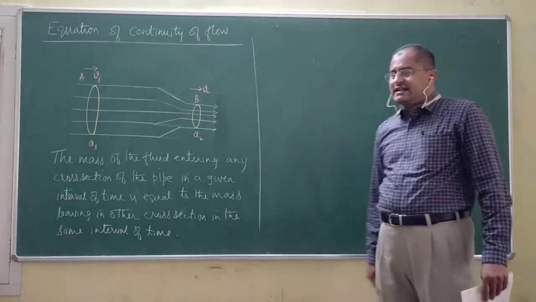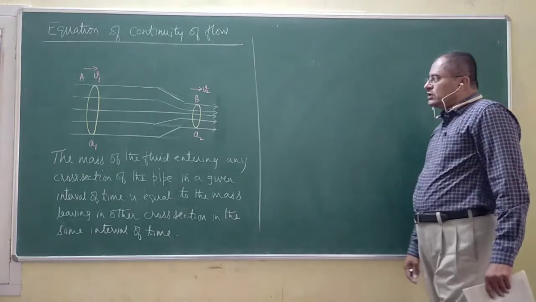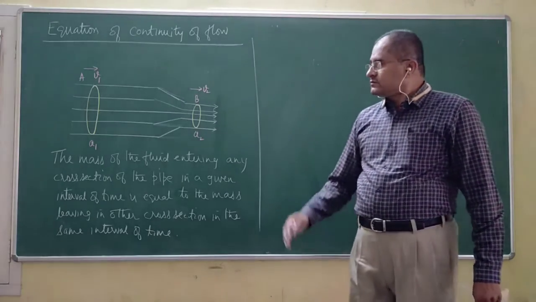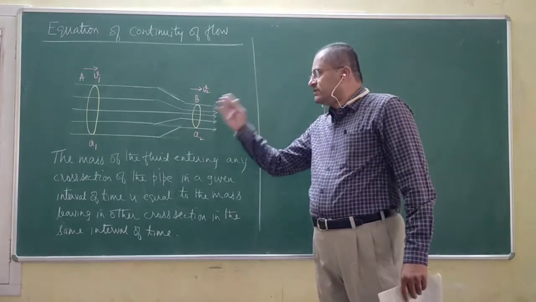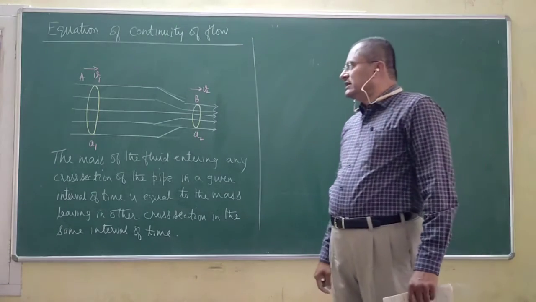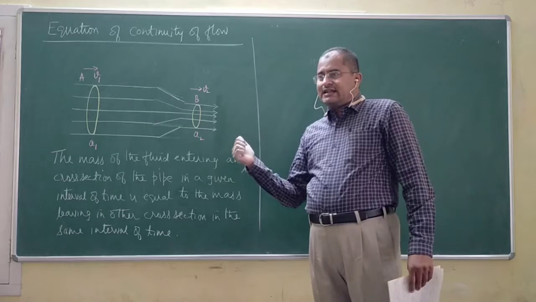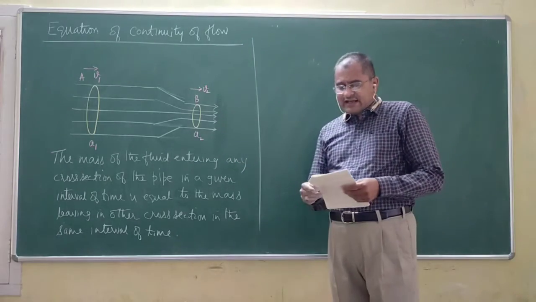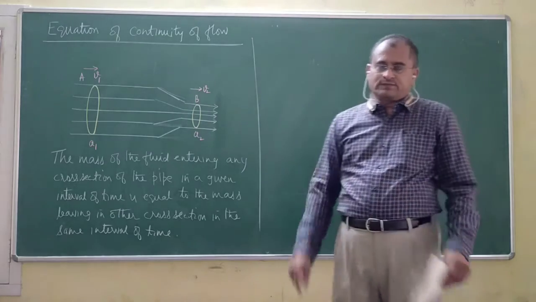I repeat once again, A and B are two transverse sections of the tube, having areas of cross section A1 and A2. The velocity of the liquid entering A is V1 and that leaving B is V2.